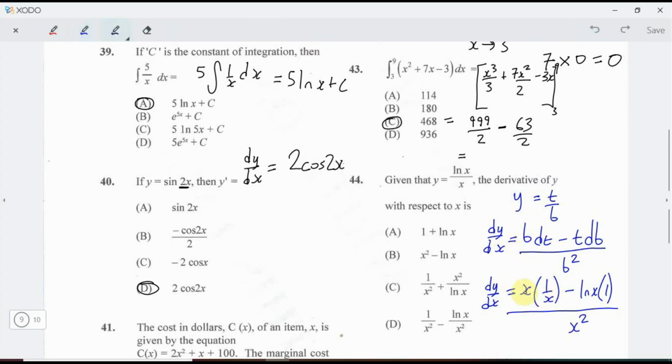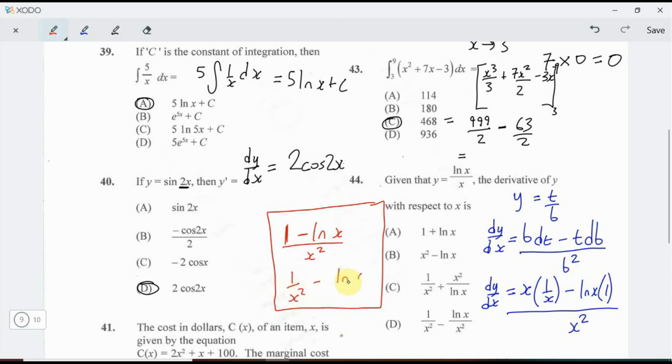We know that x times 1 over x is just 1. So the answer works out to be 1 minus ln x over x squared. You can separate them as 1 over x squared minus ln x over x squared. Option B. Nice.